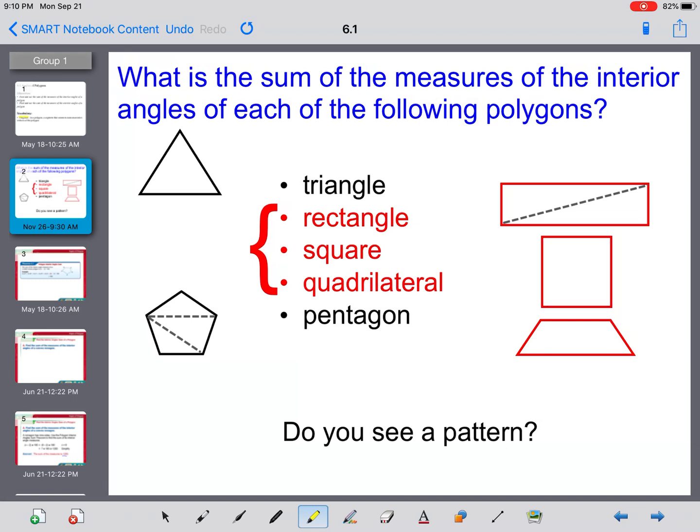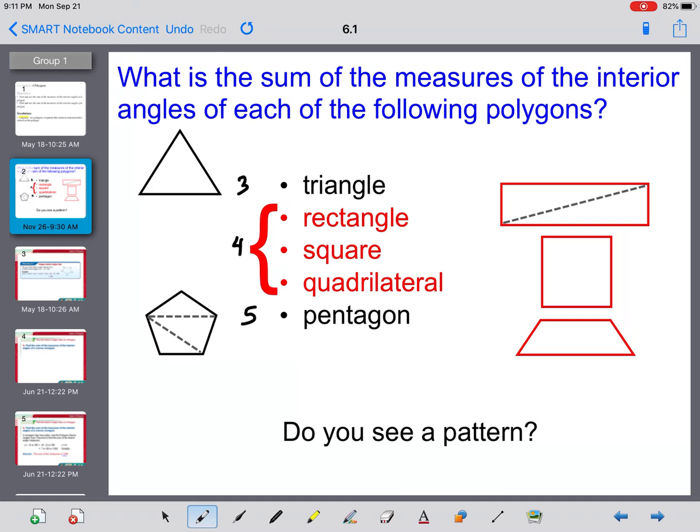Rectangles and squares are special types, and there are other quadrilaterals like rhombus and trapezoid and parallelogram and a kite, and we'll be talking about those. And then a five-sided figure is a pentagon. So just to slow down and say that's got three sides, that's got four sides, that's got five sides.